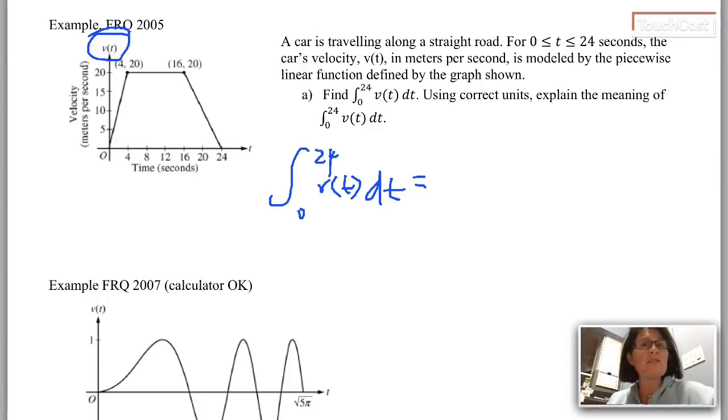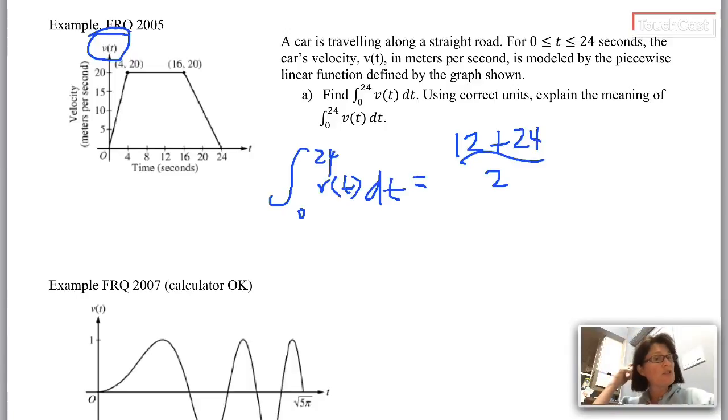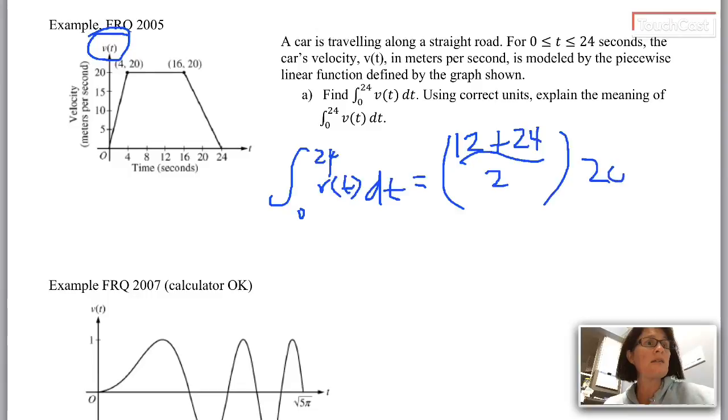I'm going to write the distance across the top is 12. Distance across the bottom is 24. I take the average of the bases, the average of the parallel sides. I'm going to multiply by the other dimension, the distance between the parallel sides, that is 20. That's a great answer.